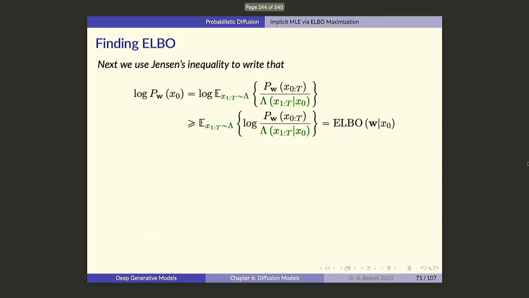Then we went on and wrote down the ELBO. We found this particular ELBO, and that was the thing we wanted to maximize. So instead of maximizing the likelihood itself, we maximize the ELBO. That was the whole idea. The good thing about this problem was that this particular posterior distribution, lambda, that we have here, we can actually compute.